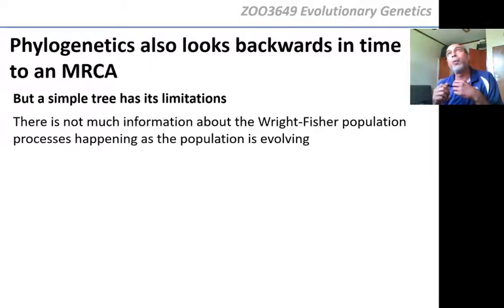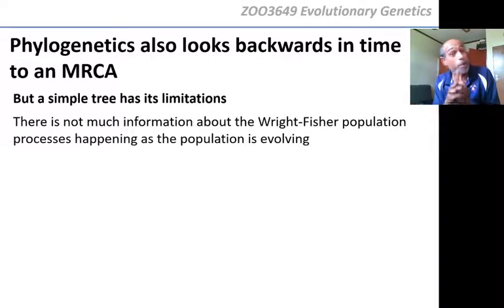Okay? By a simple tree, I mean the trees that we've been building for the last 5 lectures. Remember, we've been talking about tree building, right? Substitution models, likelihood, Bayesian, distance, parsimony. These are phylogenetic methods to build trees.